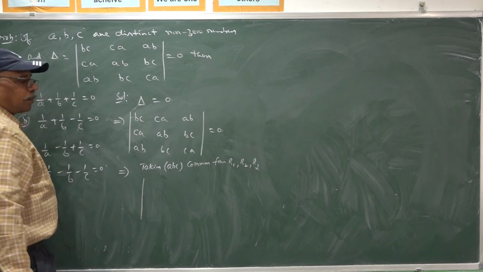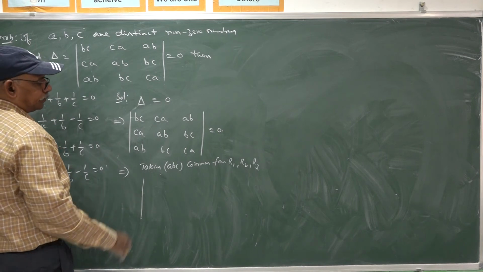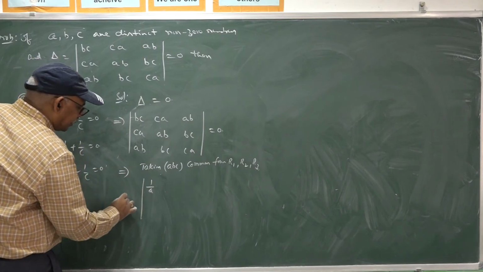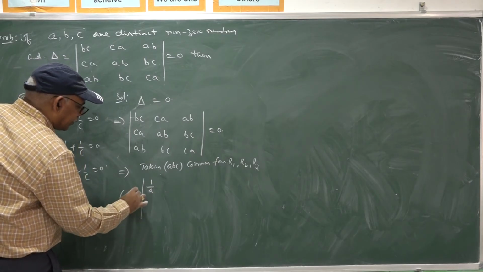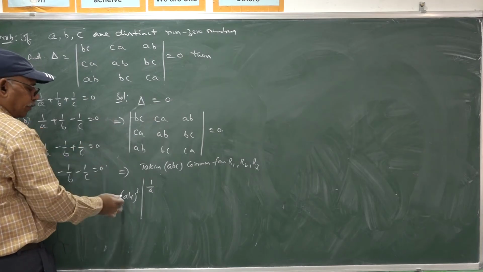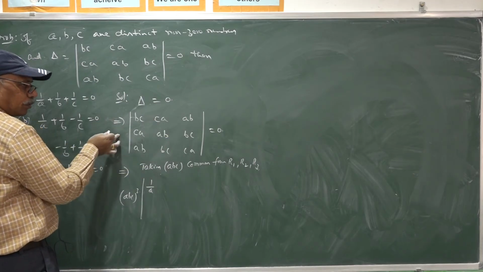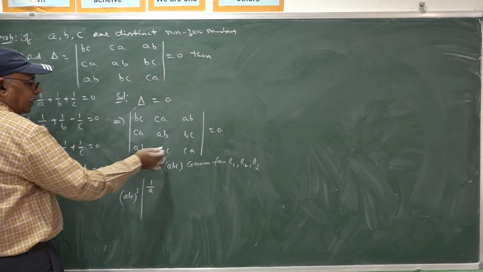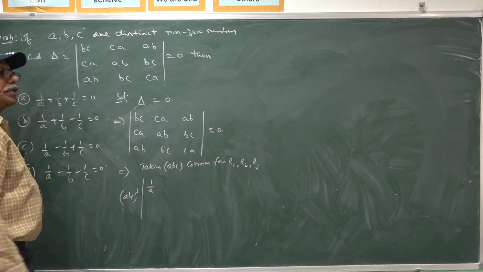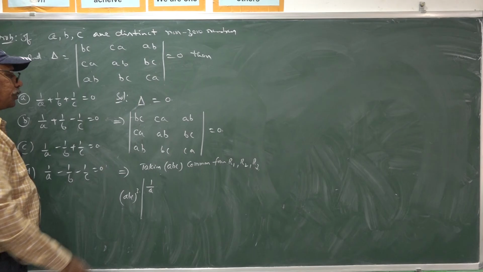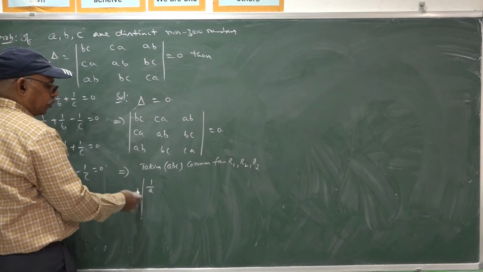Here we get 1 by A. ABC, ABC, ABC, 3 times. So in the first row taking ABC as common, we get ABC. In the second row taking ABC as common, we get ABC whole square. And ABC common from the third row, we get ABC whole cube. So that determinant becomes ABC whole cube.